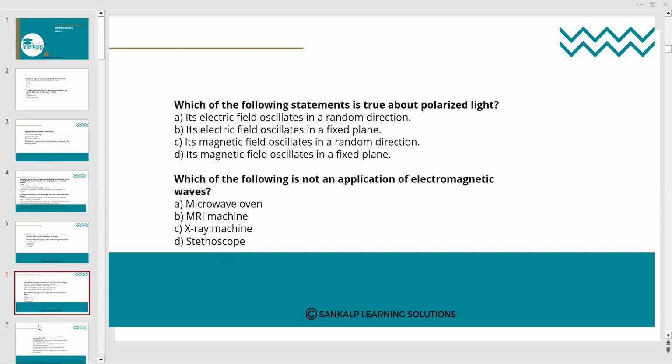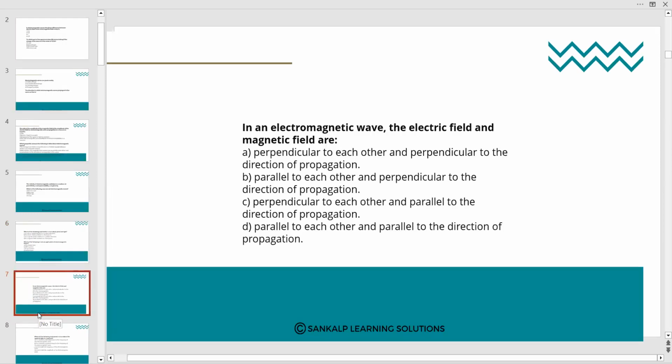Then the next question. In an electromagnetic wave, the electric field and magnetic field are, option A, perpendicular to each other and perpendicular to the direction of propagation; parallel to each other and perpendicular to the direction of propagation; perpendicular to each other and parallel to the direction of propagation; parallel to each other and parallel to the direction of propagation. As we know that they are perpendicular to each other, no doubt that is true itself.